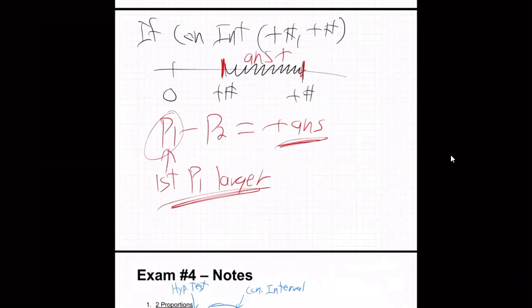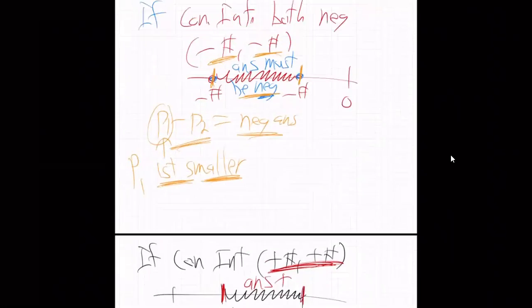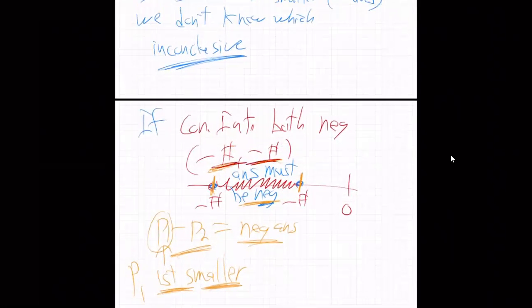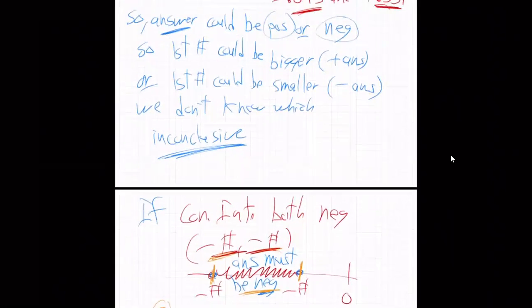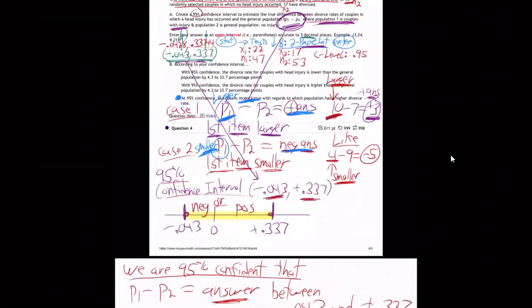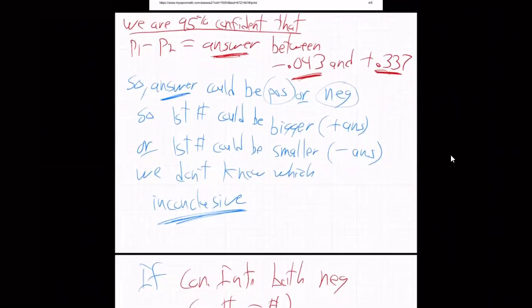It's all about: does the confidence interval come out both positive? Does the confidence interval come out both negative? Or does the confidence interval come out 1 negative, 1 positive? That's the story. Does everybody see that?